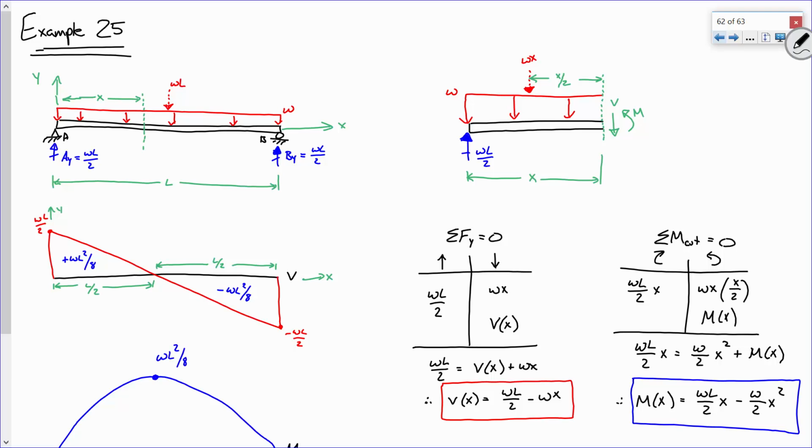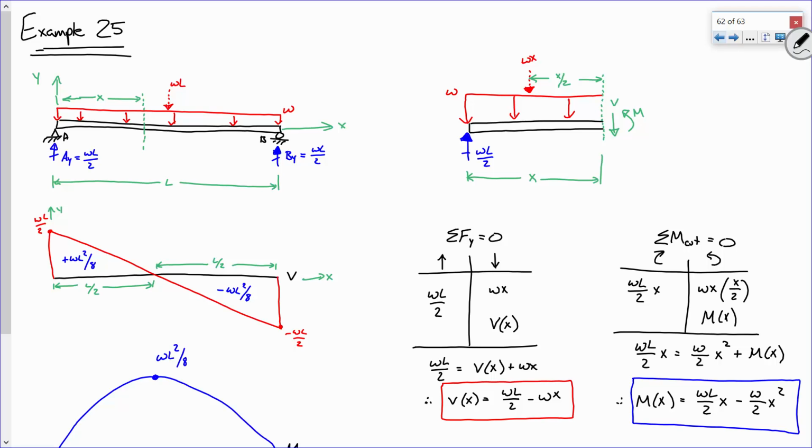A and B. And what do we know about those points? Deflection is 0. We know that y equals 0 here and here, right? Now we got to get a little bit more mathematical about it. What are the coordinates of x right here? 0. What are the coordinates of x right here? L. There we go.